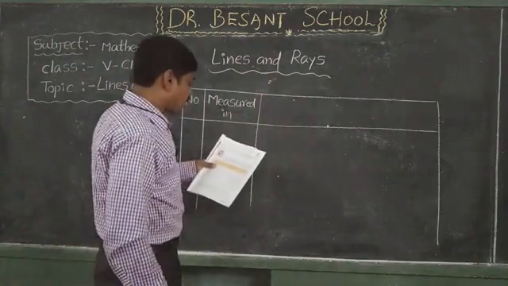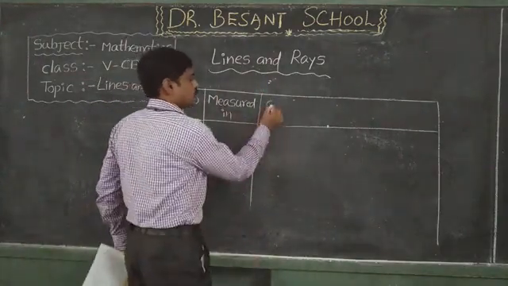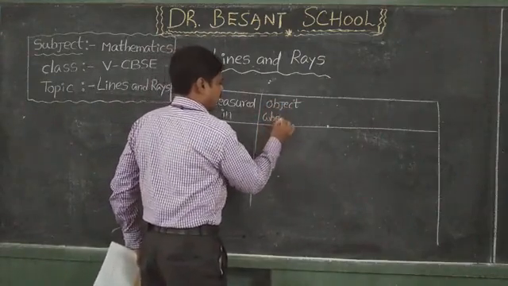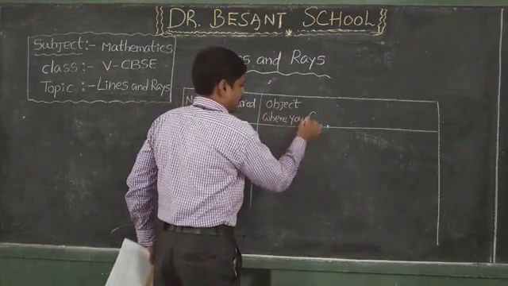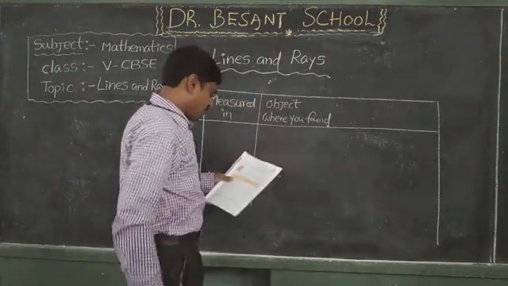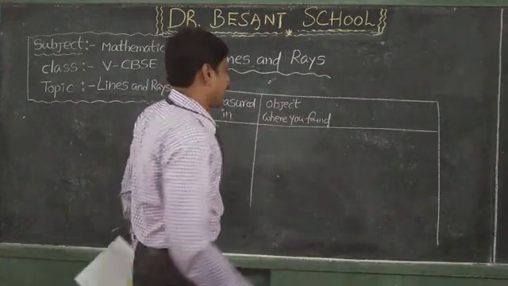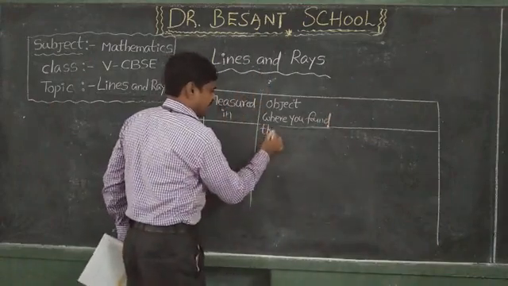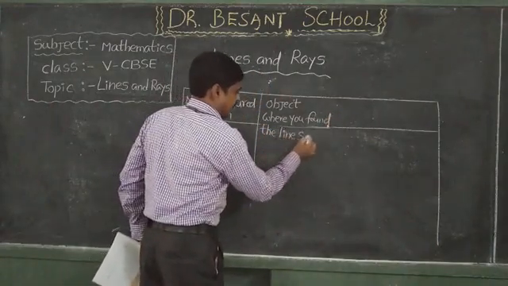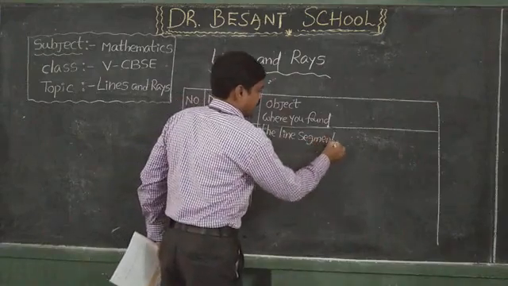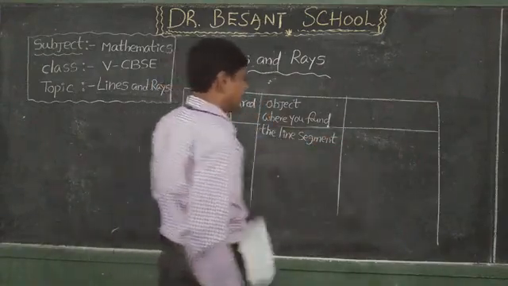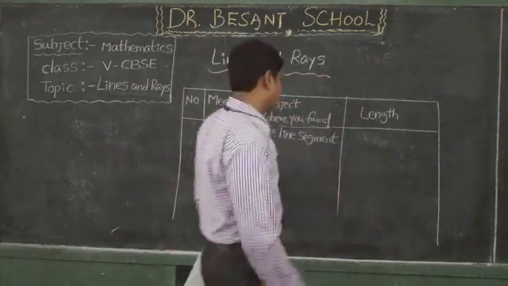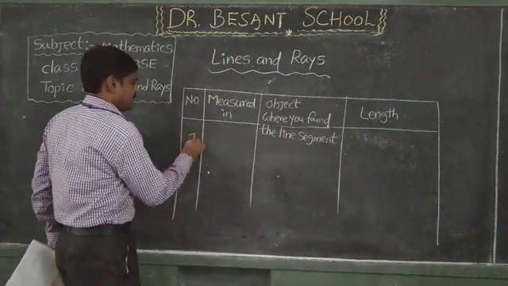Next, object where you found the line segment. Next, what is the length.